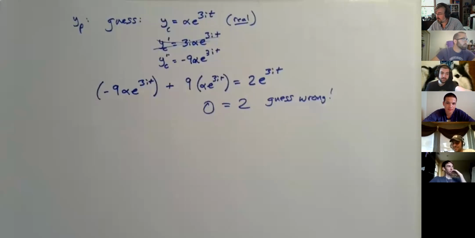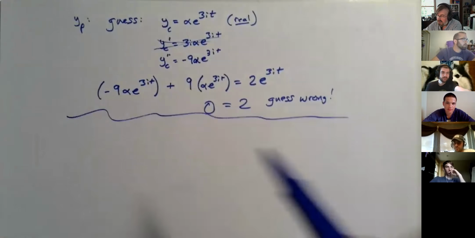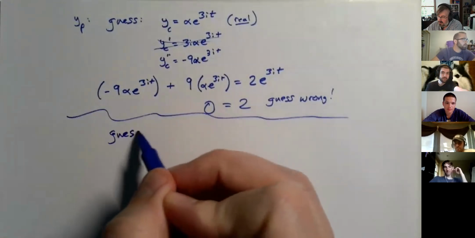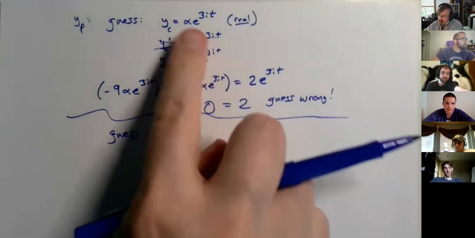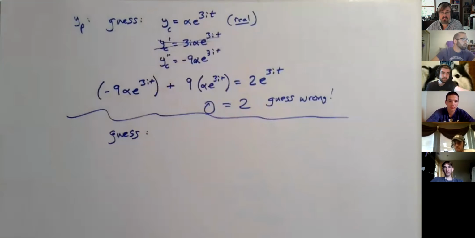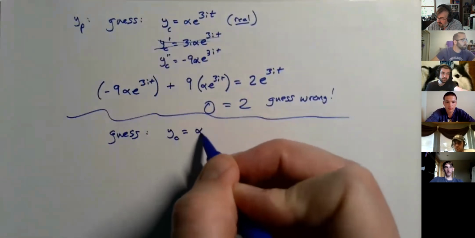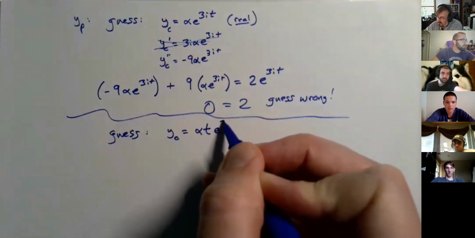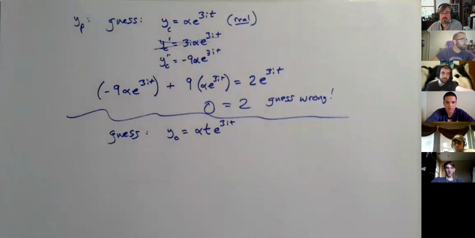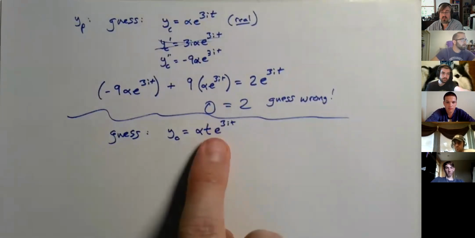No, what we can do is we can change our guess. Instead of guessing alpha times e to the 3it, we're just going to multiply it by t. We're going to say our complex guess is going to be alpha times t times e to the 3it. And if you do this, then it definitely does work.